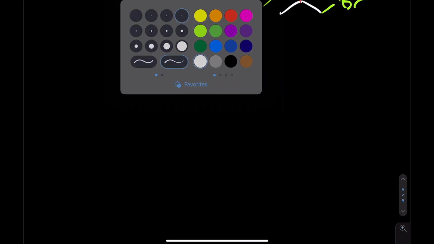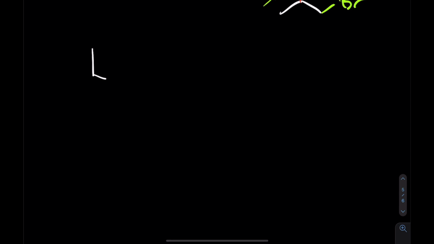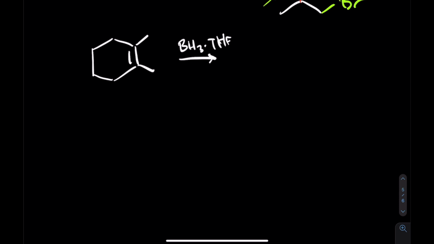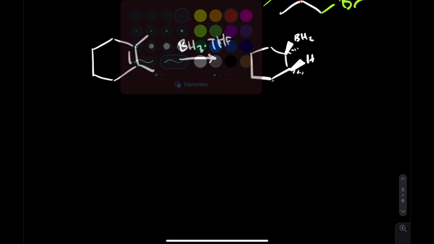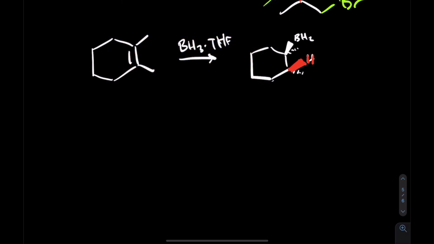If we were to discuss the stereochemistry of this reaction specifically, and we were to draw a six-membered ring and throw H3 ether at it, we would end up with this, where the methyl groups now point down, and you end up with BH2 and your hydride that came from your H on the same side.